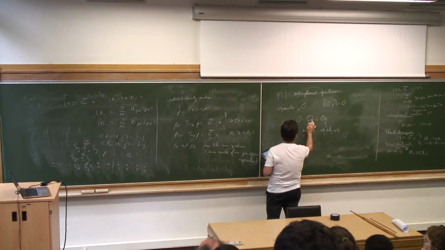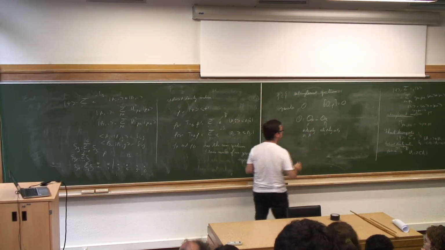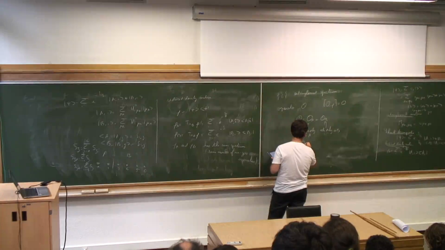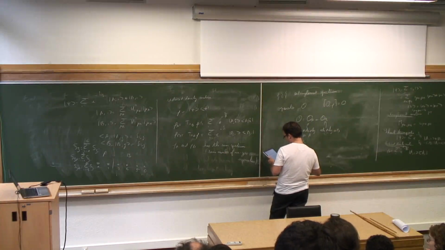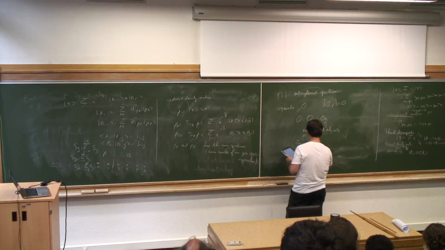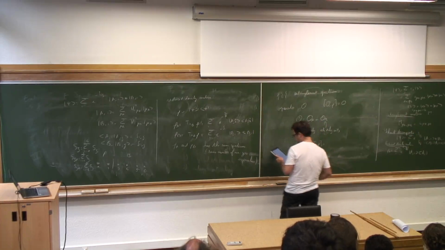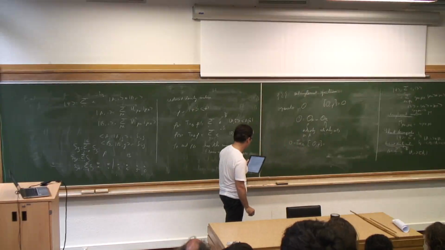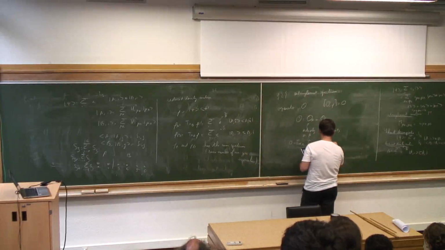Now you want to look at the commutation relation between OA and rho A. So you can do the following calculation. You start from the commutation relation here, and you trace over B of rho. So this is just 0 by definition. And now you have the following properties.